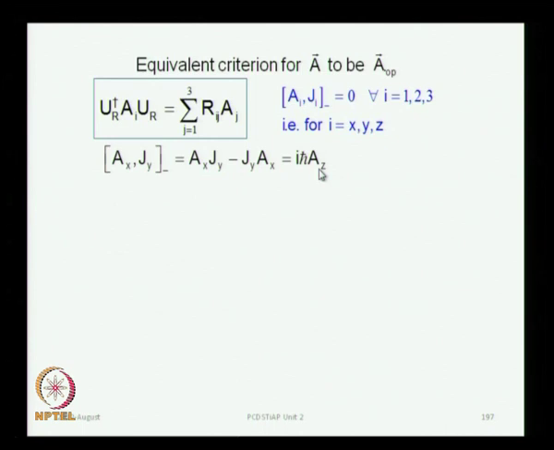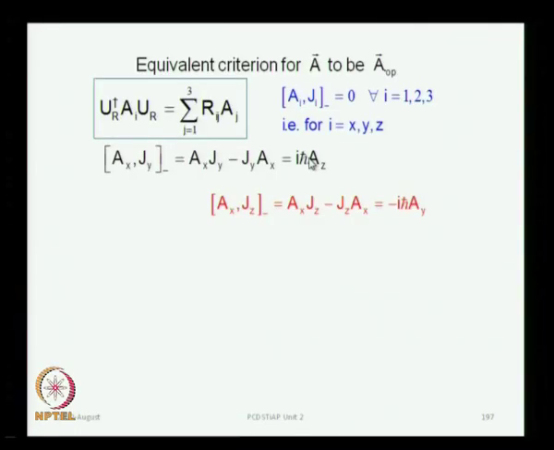So, the angular momentum itself is a vector operator. So, it is natural that you should expect that relation to appear. Likewise, its commutation with the third component Jz will be minus i times Ay. You can write this as JzAx and then it would be plus, but this is Ax comma Jz, so this is minus i times Ay.